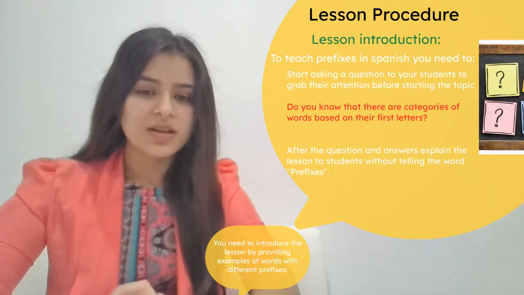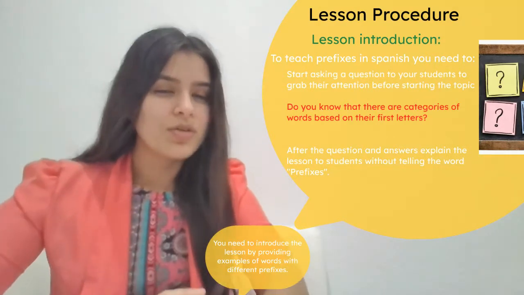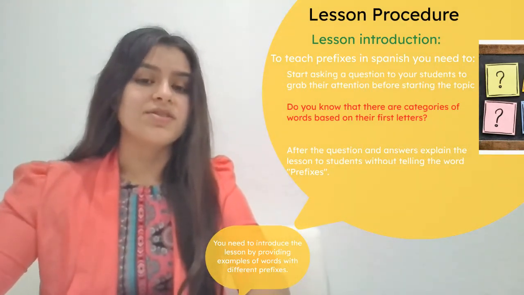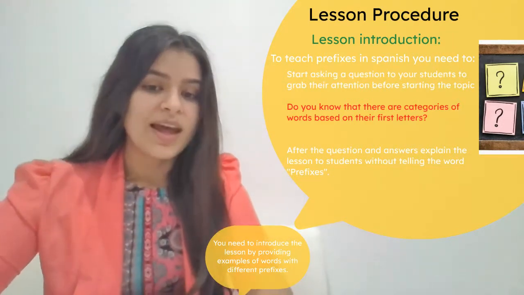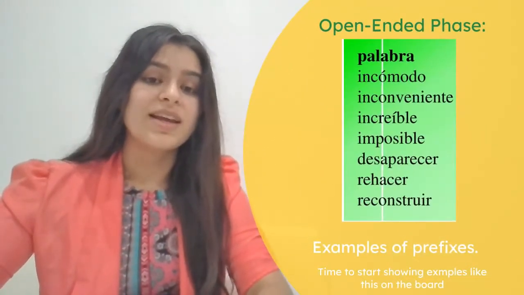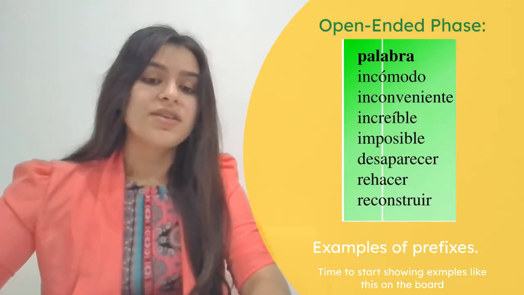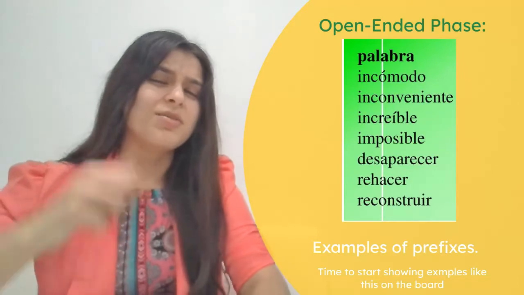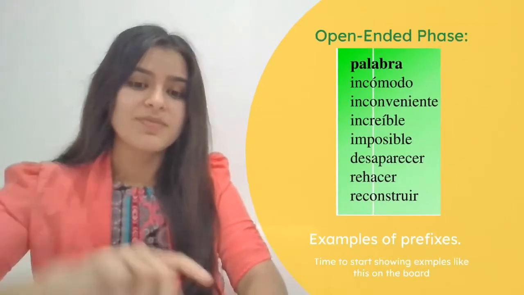When you introduce the topic, you ask a question like, guys, do you know that there are categories of words based on their first letters? Then the students can start thinking. And here you can give them examples, for example, words like incómodo, inconveniente, increíble, imposible. Then the students can start thinking, oh, okay, she's talking about words and the beginning of words. Let me start thinking, right?